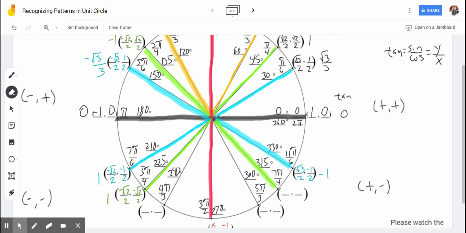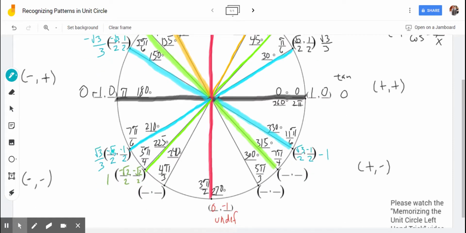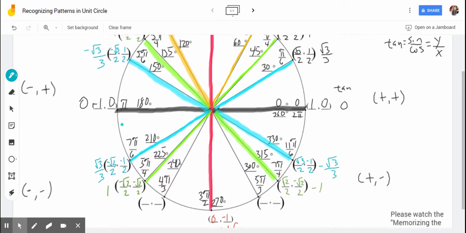For tangent, this value is positive radical 3 over 3 here. And positive 1 here. This is going to be positive radical 2 over 2, negative radical 2 over 2, negative 1. And I have to change this. This should be negative radical 3 over 3. Okay.